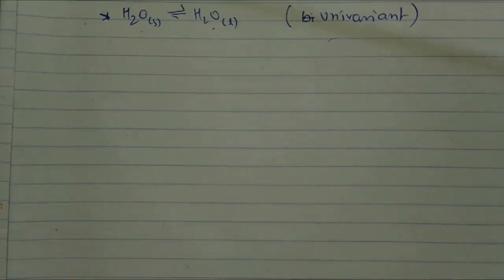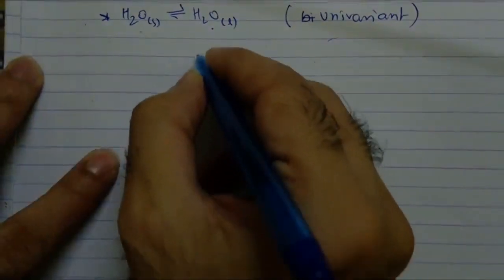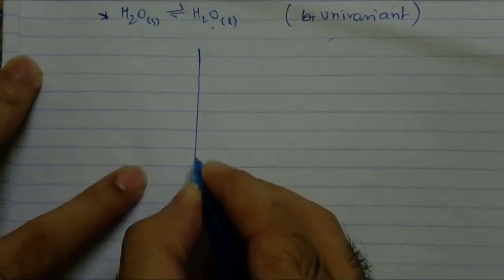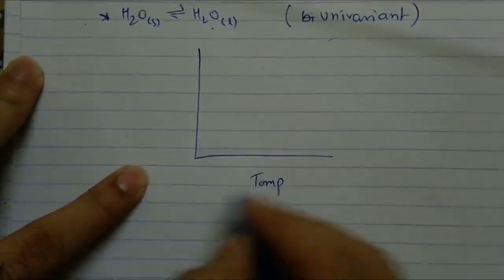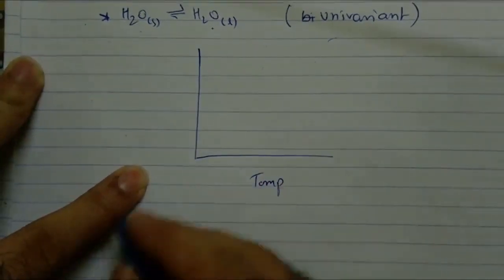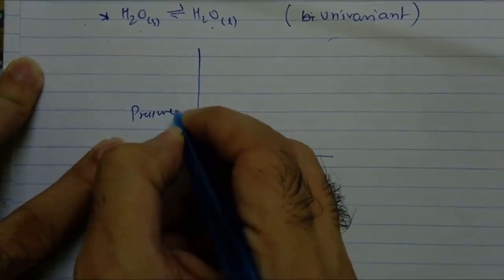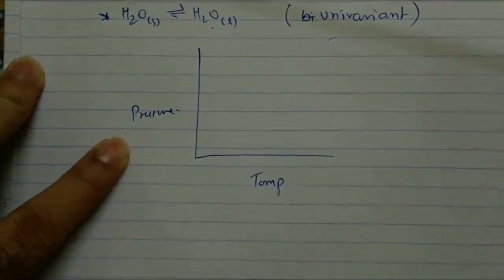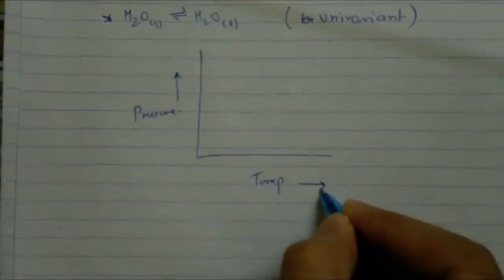So this can be easily explained by just drawing a graph. I will draw a rough graph. Here I am putting temperature, and this is just a rough graph, not to scale. And here I am putting pressure. So here you have increasing pressure, here you have increasing temperature.